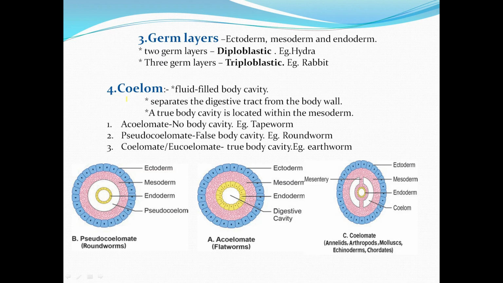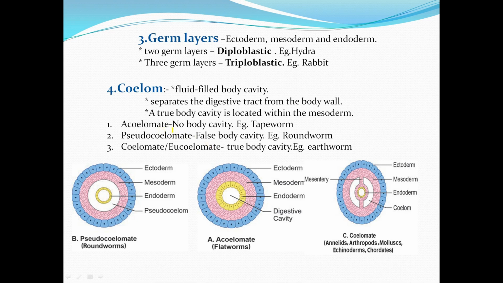The fourth feature is coelom. Coelom is nothing but a fluid filled body cavity. So this coelom or the body cavity will separate the digestive tract from the body wall. A true body cavity or the coelom is one located within the mesoderm. So according to the type of coelom present in the body, the organism can be classified into acoelomate, pseudocoelomate and coelomate or eucoelomate.